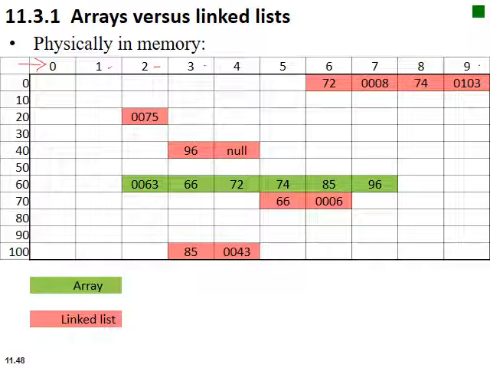This should have actually been starting at 10 and then 20 and so forth. Anyway, for now it's not too important. What you just need to realize is that what I've got here in green is an array. So you can see this array here actually has 1, 2, 3, 4, 5 elements.